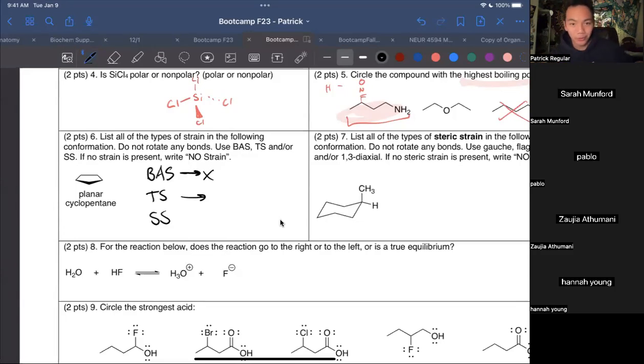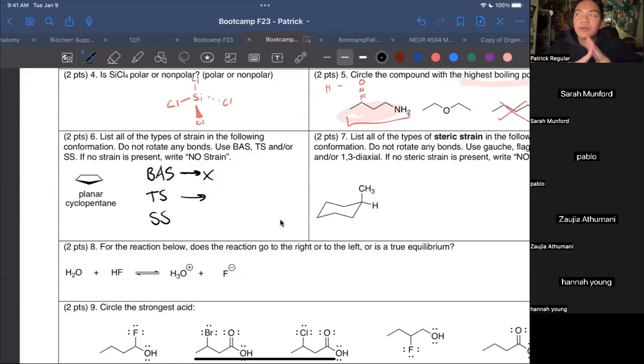Steric strain: does it have a methyl group in an axial position? Remember, the 3 types of steric strain we have are gauche, 1,3-diaxial, or flagpole. Flagpole only exists when you have a boat conformation. 1,3-diaxial is if you have a chair conformation with a methyl group or larger in an axial position.